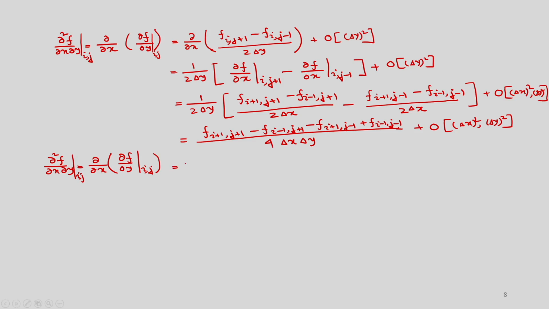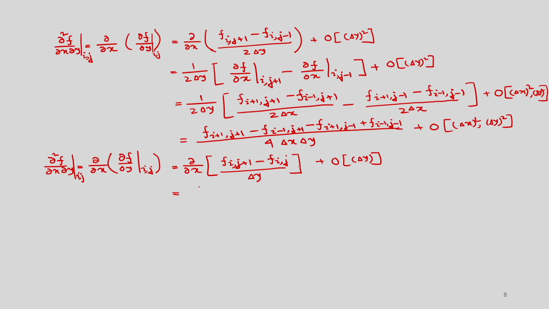If you use the forward difference of this first derivative, it will be [f(i, j+1) − f(i, j)] divided by the distance between these two points, which is Δy. What is the order of accuracy? This is first order accuracy, so it will be order of Δy.